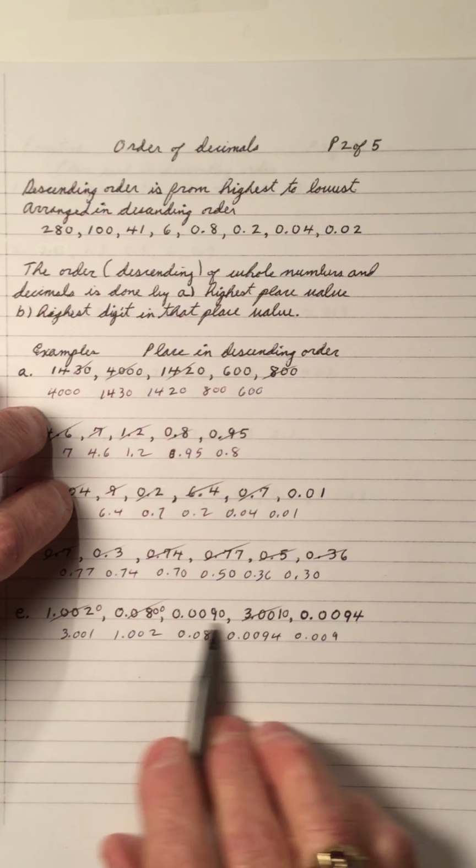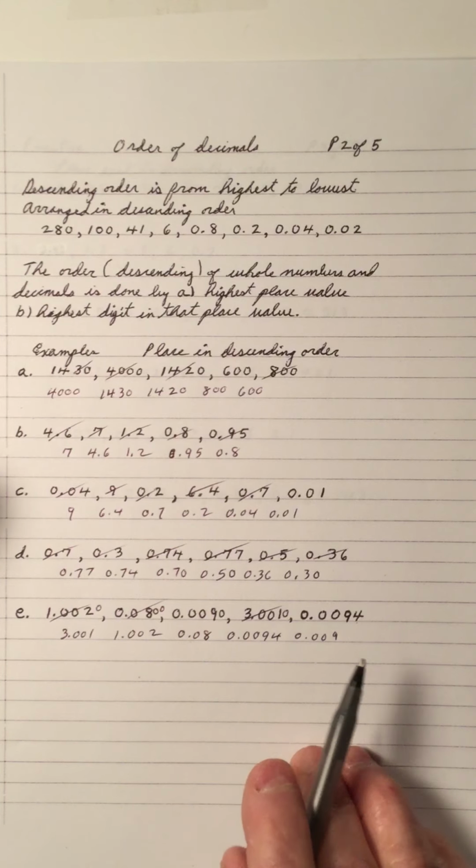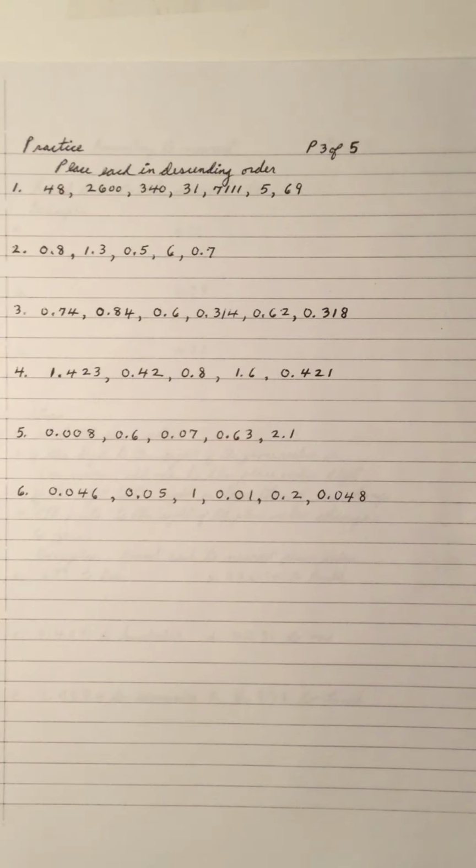So the extra zeros put on this, just to clarify, they're all to the same place value then, and you can see the descending order. Just another way to think about it.